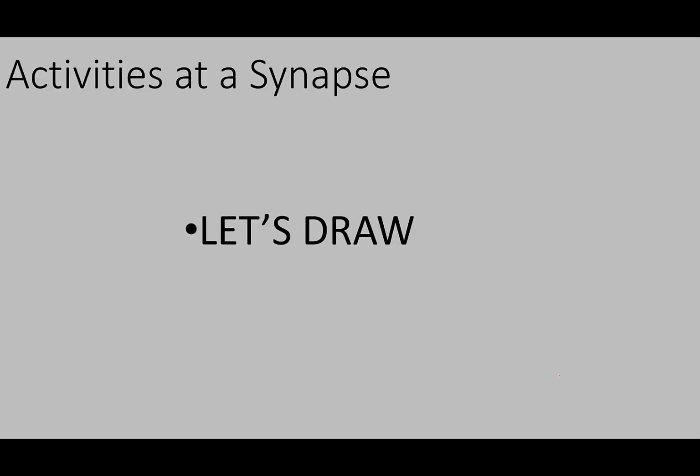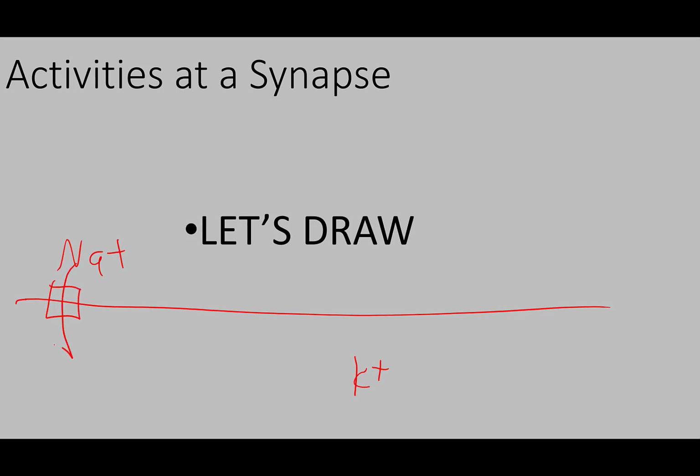So last class, we talked about action potentials. We had our plasma membrane, we had high sodium outside the cell, low sodium inside. We had high potassium inside the cell, low potassium outside. We had various different types of proteins. We had those leaky sodium channels. Sodium was always leaking in.